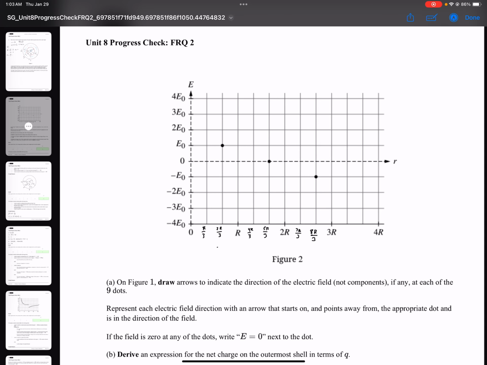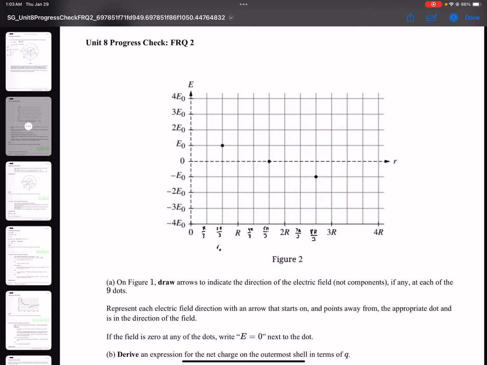So my initial radius, R naught, is 2R over 3. Okay, so then here, I know that the radius is going to be, let's see, what does that come out to? 2.5 times as much.